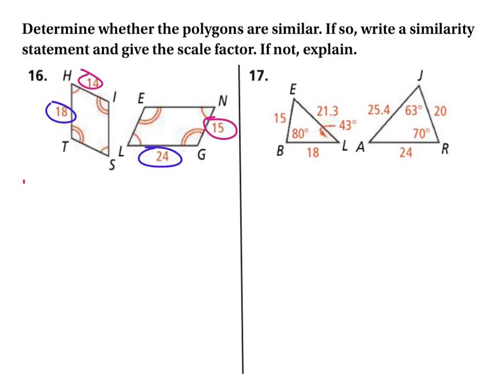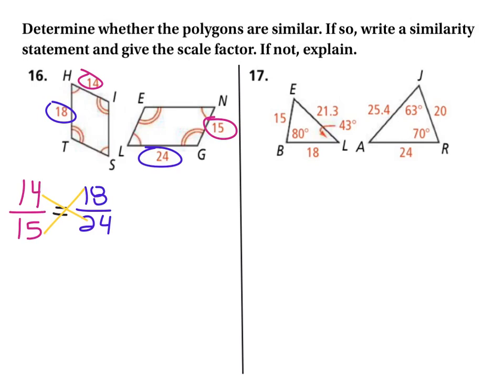Is 14 over 15, that side from the first one over the matching side from the second one, truly equal to 18 over 24, which is the ratio of the other sides? So now, how do we do it? We do the cross products property. We say that times that equals that times that.